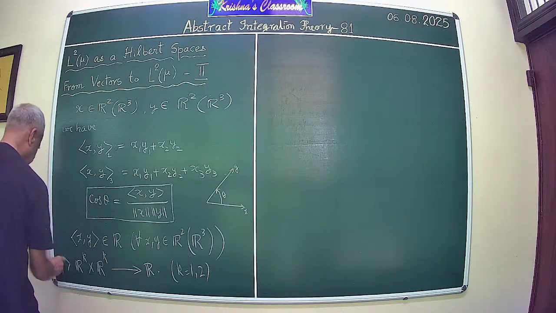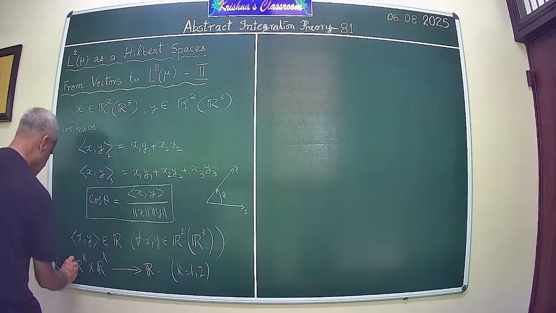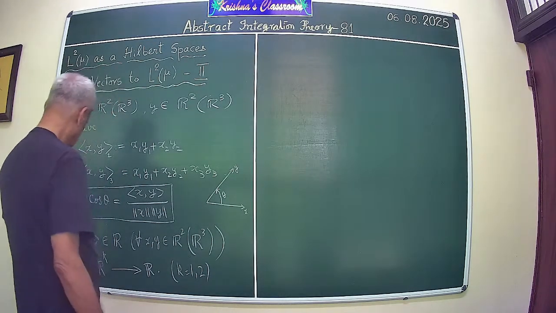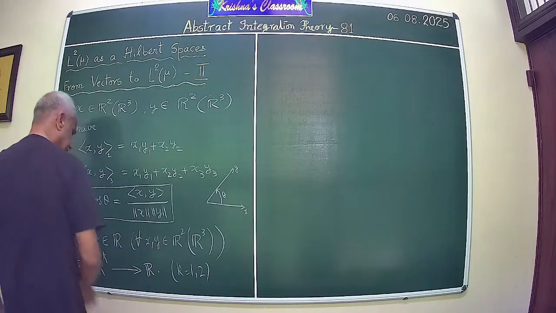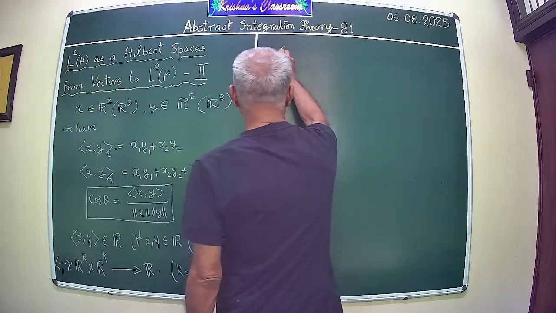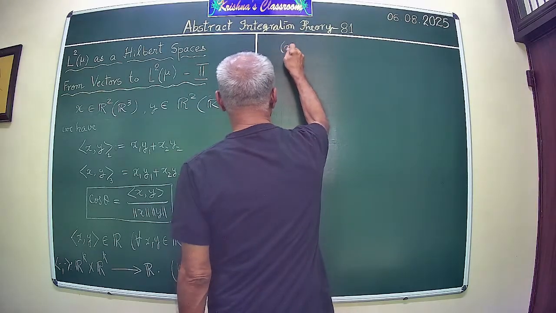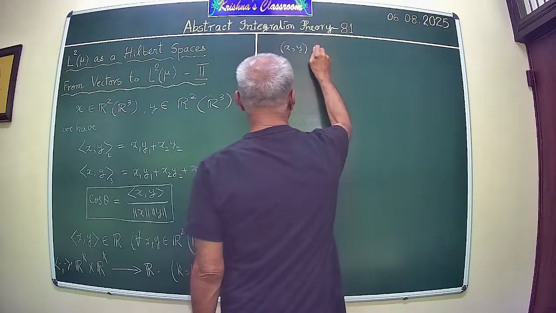There are two arguments for it. So this is a mapping from RK cross RK to R, where x, y gets mapped.